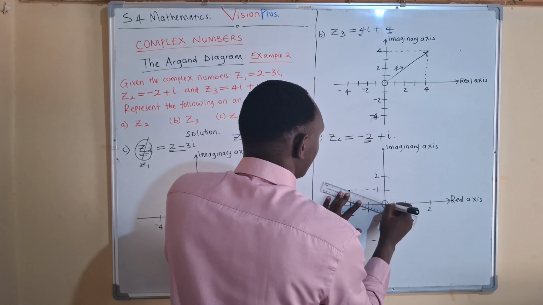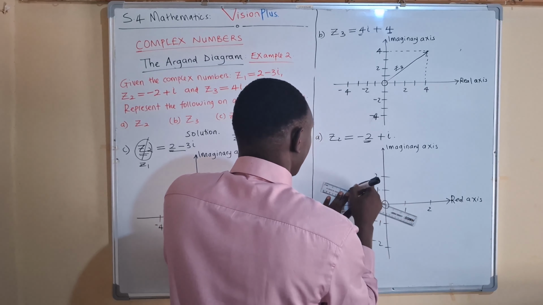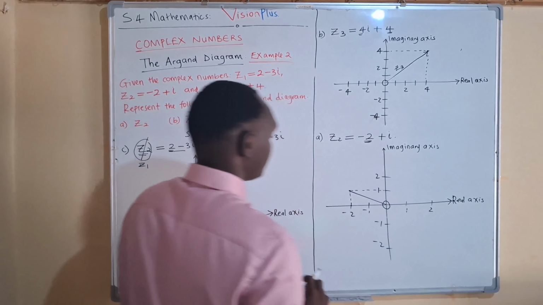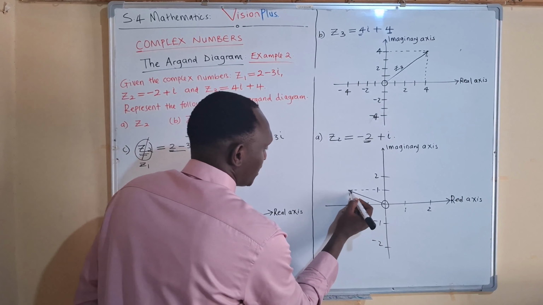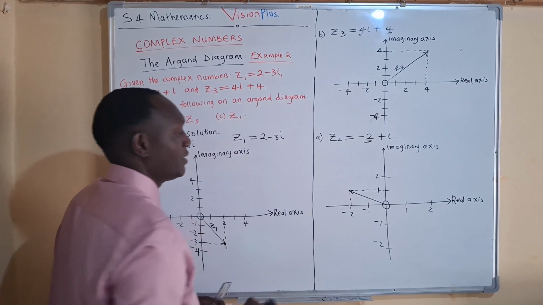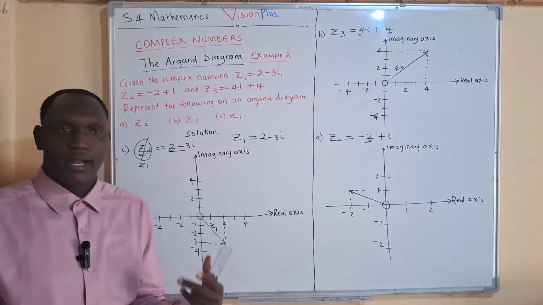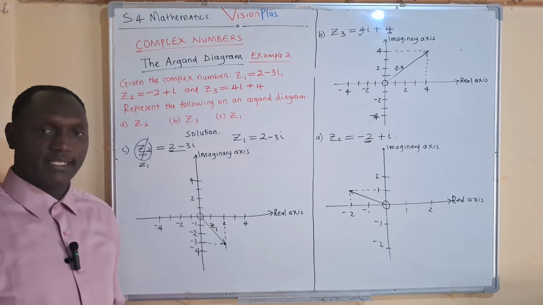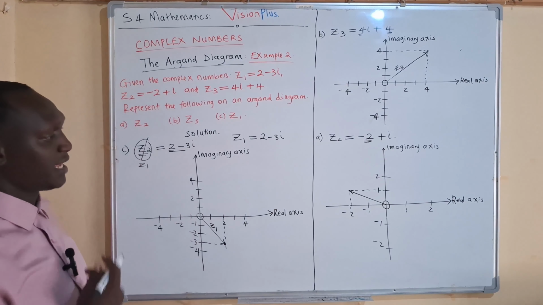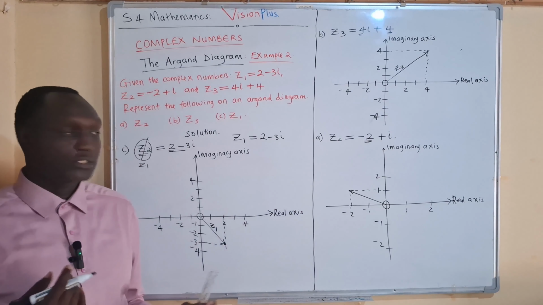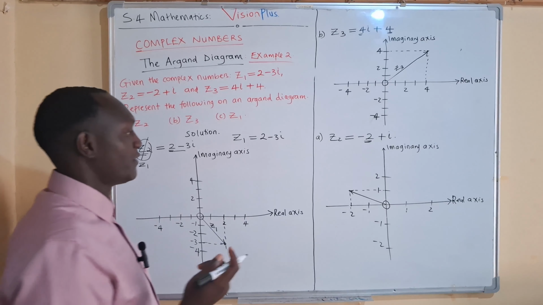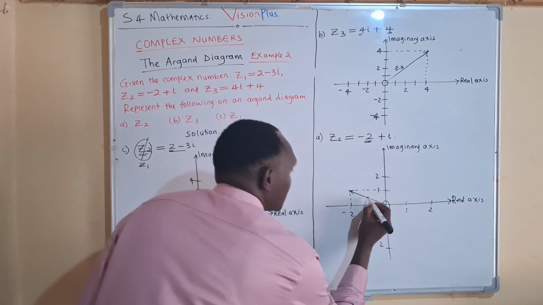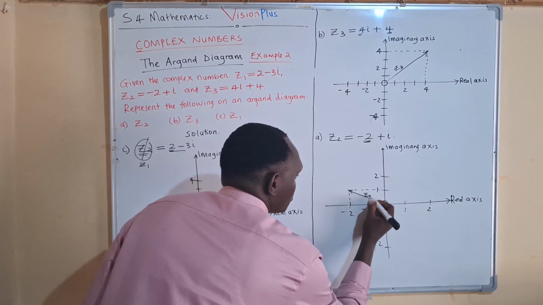See me here, I'm having my ruler. So here you draw a straight line from the origin up to the point of intersection. Then you put an arrow on top, and then show us what complex number you have drawn. There are very many there. If you leave it like that, we shall be confused. So we miss 1 mark for naming what we have drawn. This is Z2. So just put on it here, Z2.